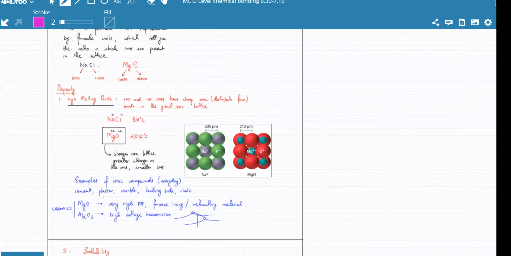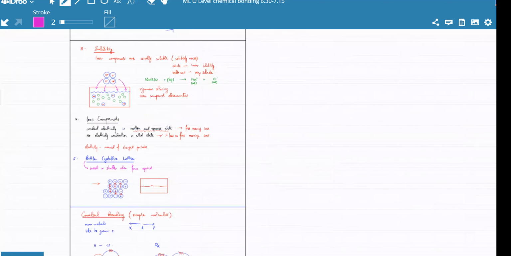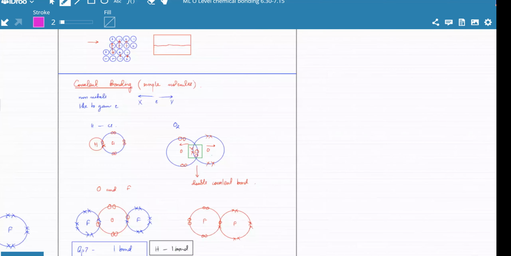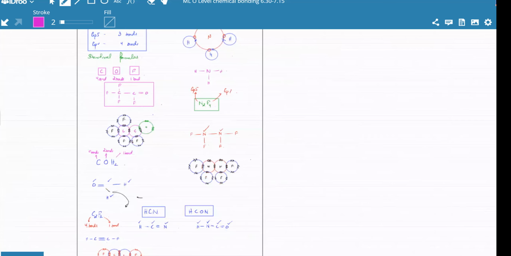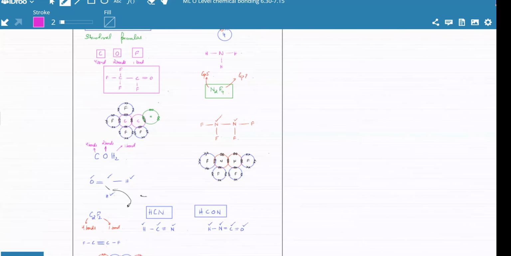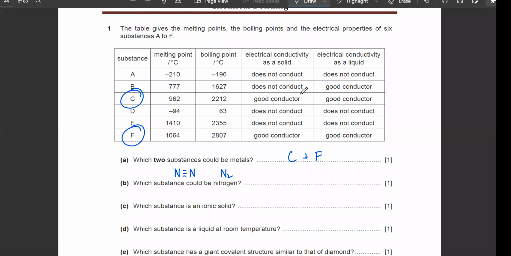What were covalent compound properties? They don't conduct electricity. That's one differentiating property, that they never conduct electricity. So which one is a covalent compound? Does not conduct.